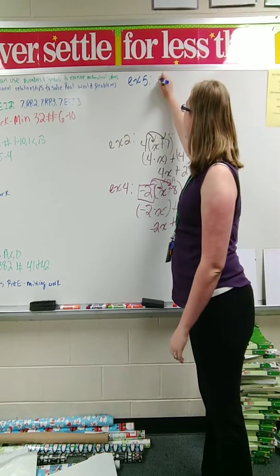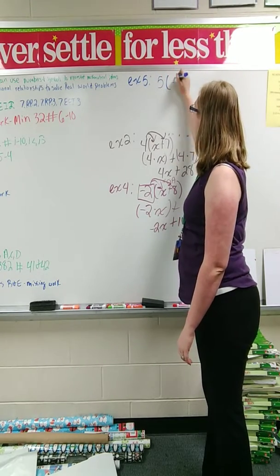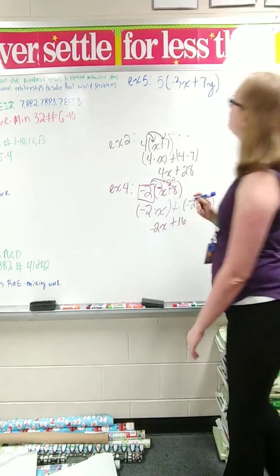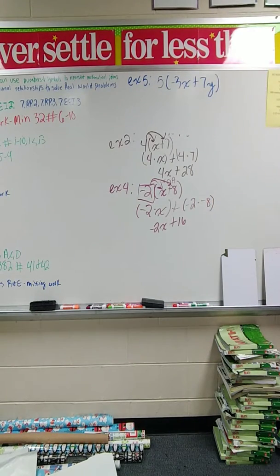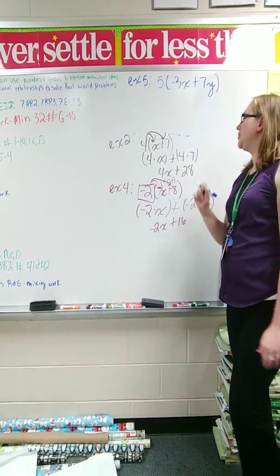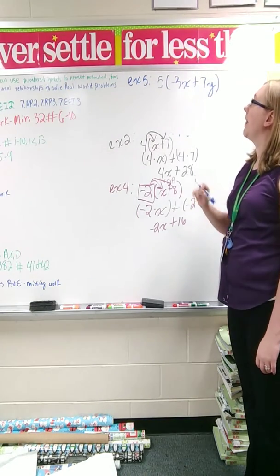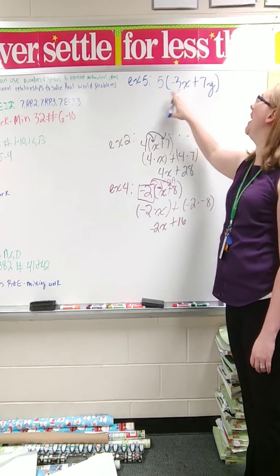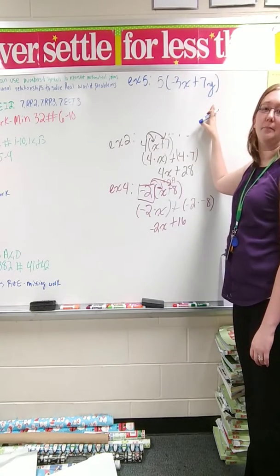5 times the quantity negative 3x plus 7y. When I distribute this, I'm going to distribute my 5 to the negative 3x and to the 7y.